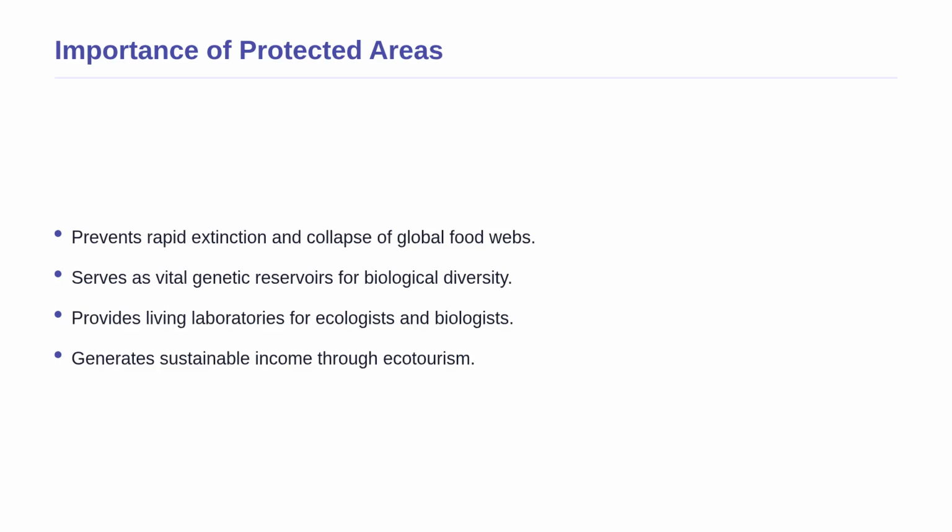Furthermore, they provide invaluable living laboratories for ecologists to study ecosystems in their natural states. Real-world places like Yellowstone or Kaziranga not only save iconic species, but also generate sustainable income through ecotourism, funding further global conservation efforts.